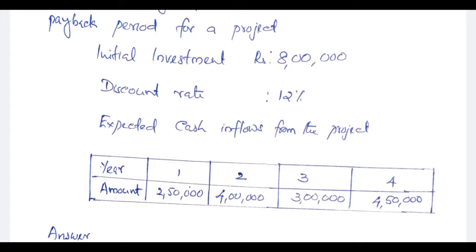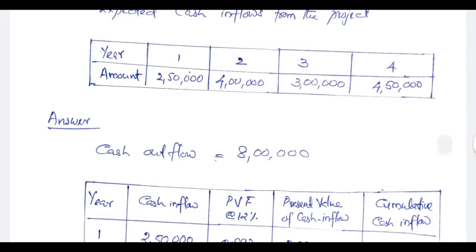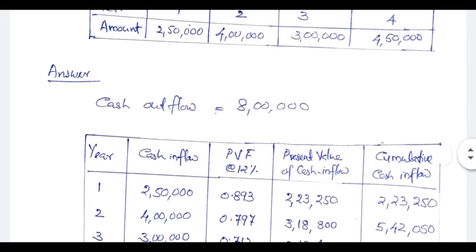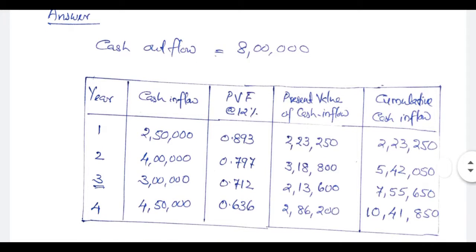Since we have to find out discounted payback method, all these cash flows are converted into their present value using a discount rate of 12%. So the cash outflow is rupees 8 lakh. Then inside the table we have to write all the cash inflows for the given 4 years.